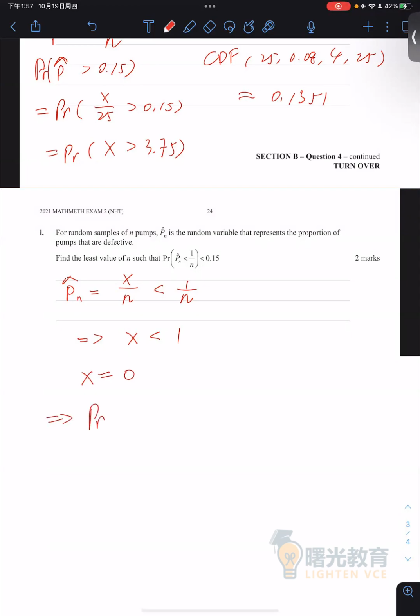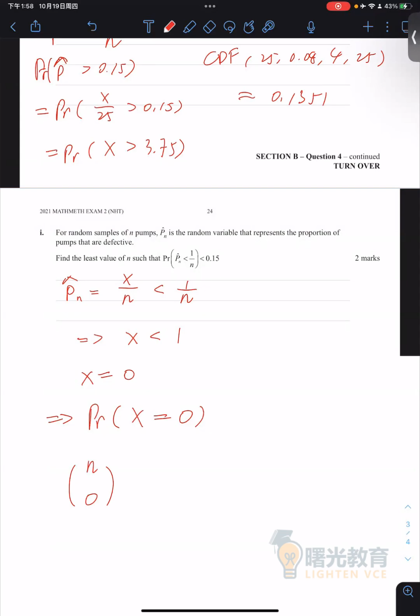Then we convert the question into finding the probability that among these samples, there are no samples that are defective, or 0 samples are defective. And then we can apply our normal binomial distribution expression.